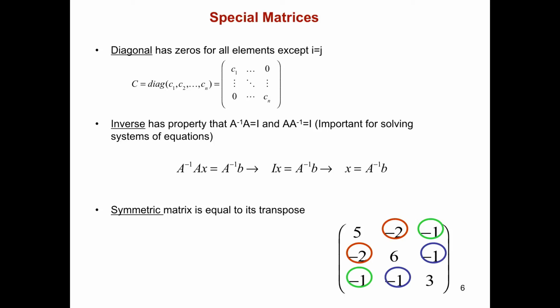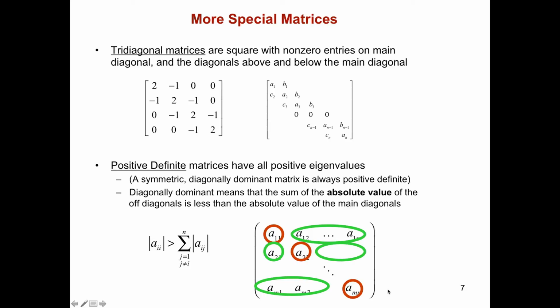So in this case, we actually have a matrix where, if I did a transpose of the matrix, I would get the same matrix. So such matrices are symmetric. So we see the same element across, mirroring across the diagonal. So I have -2, -2 here, -1, -1, -1, -1. And then a couple more.